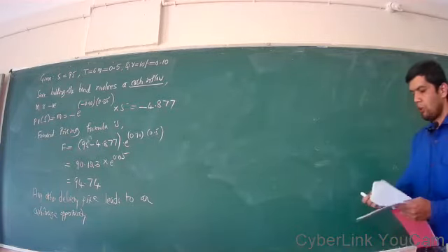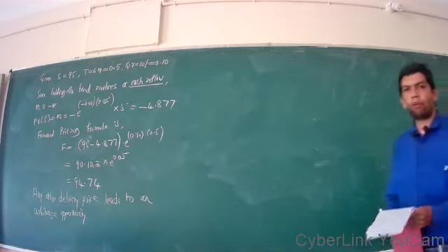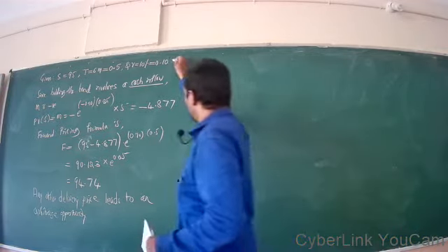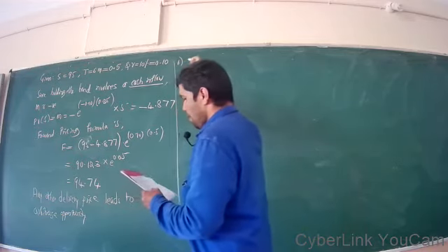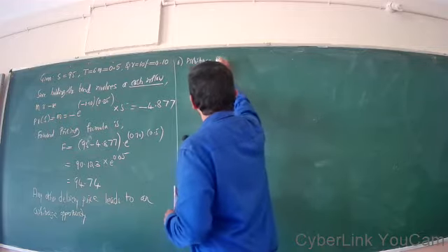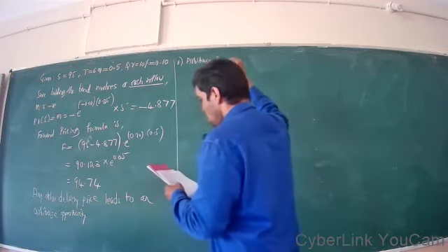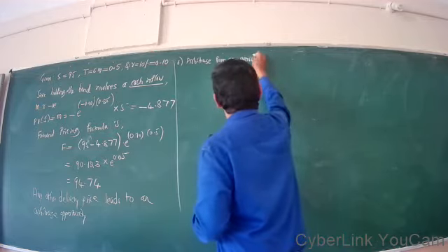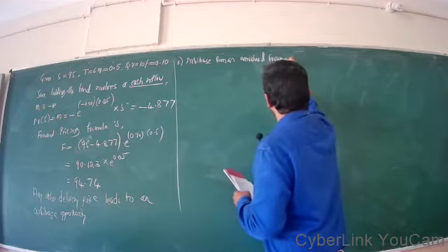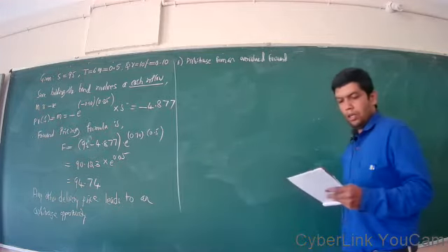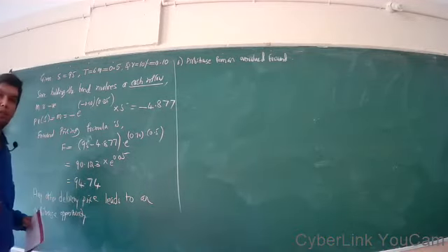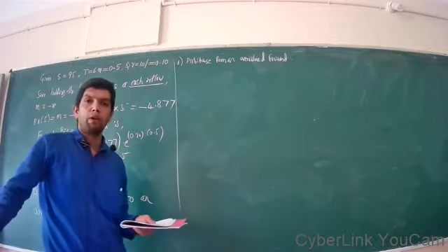Now let us calculate the arbitrage opportunity in case of an overvalued forward and an undervalued forward. First case, arbitrage from an overvalued forward. Whenever the F value is greater than 94.74, it is called an overvalued forward.